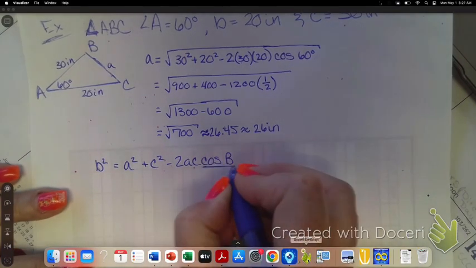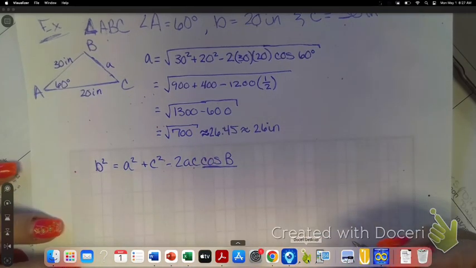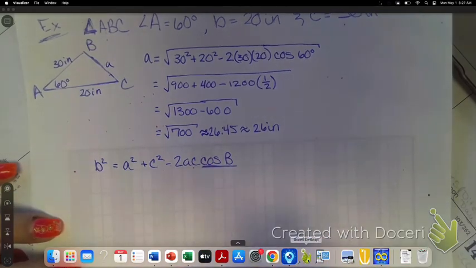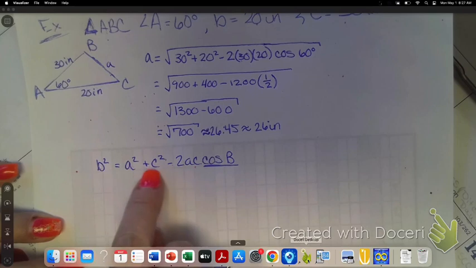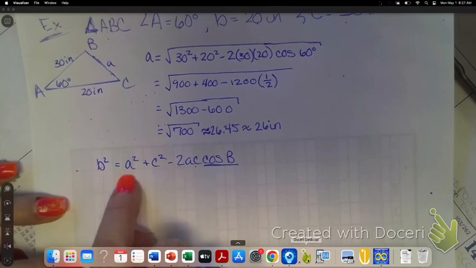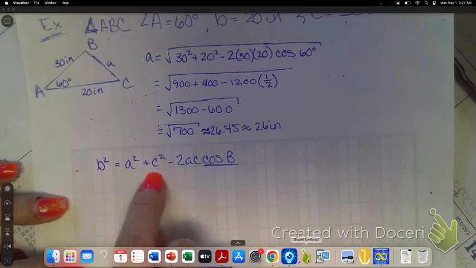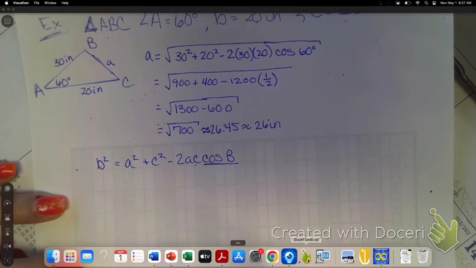Because I want this by itself. No, not yet. I want to move it around first. Don't I have to move these two things first? Wouldn't I have to subtract a squared and c squared before I could divide? Because it's reverse order of operations.